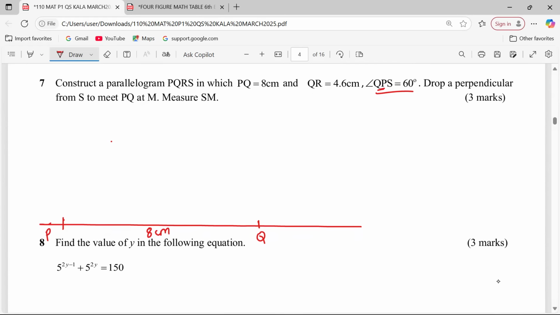You stand at P using a reasonable radius, and you make an arc. Then you stand at the point where the arc is cutting the line PQ. Standing there using the same radius, you cut the first arc like that. Then when you join that intersection of the arcs, you will have come up with an angle of 60 degrees without a protractor.